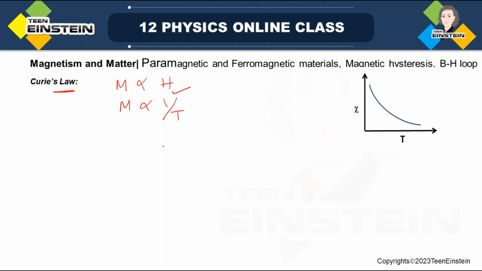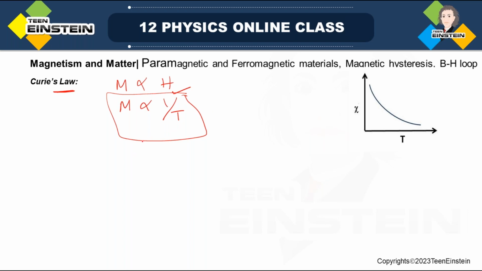So according to the experimental observation, magnetization was found to be directly proportional to the applied field intensity, and inversely proportional to the temperature. Generally, this is called Curie's law.